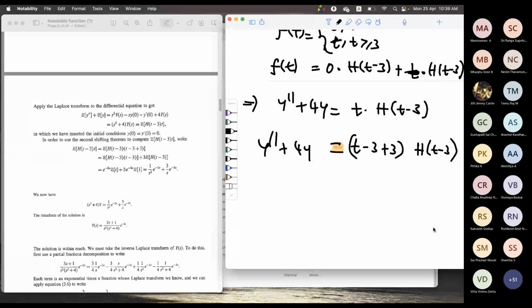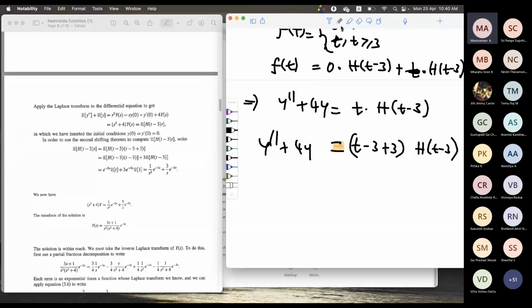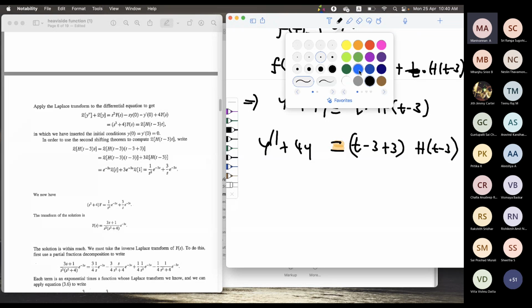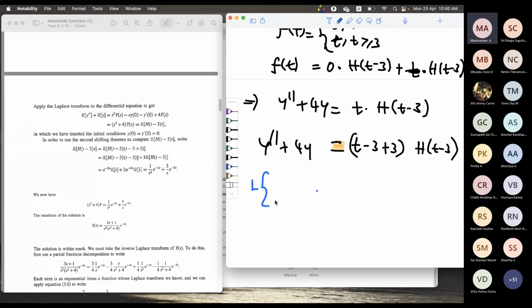Yes, sir. Okay, apply the Laplace transform on both sides. Laplace transform of y double dash plus 4y equals Laplace transform of h of t minus 3 into t minus 3 plus 3.